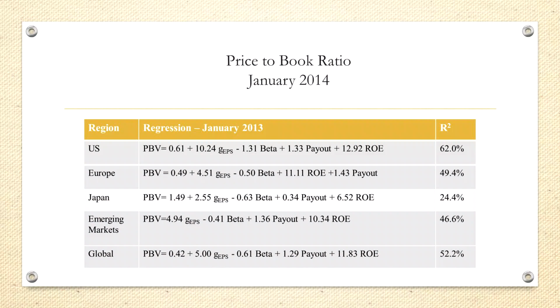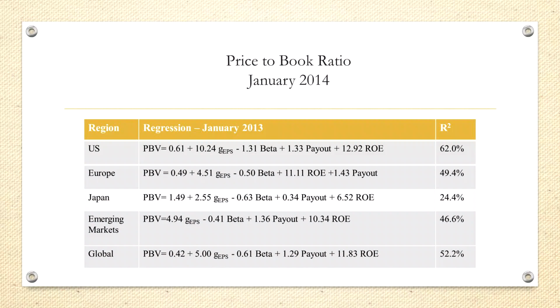So here you see those regressions are pretty good, with an R-square of more than 60% for the US, nearly 50% for Europe, and globally a little over 50%, which means this regression is pretty good.